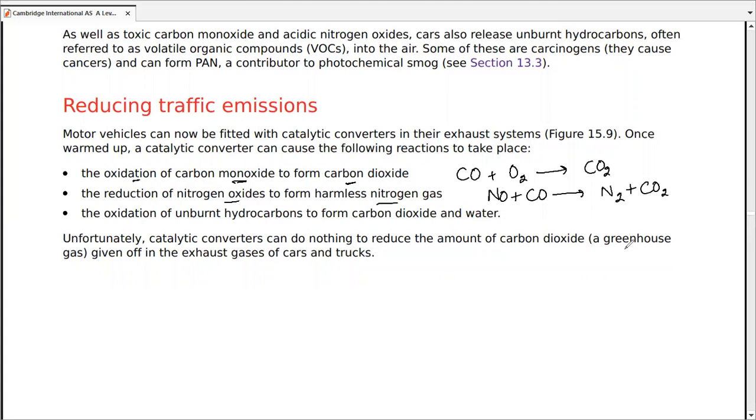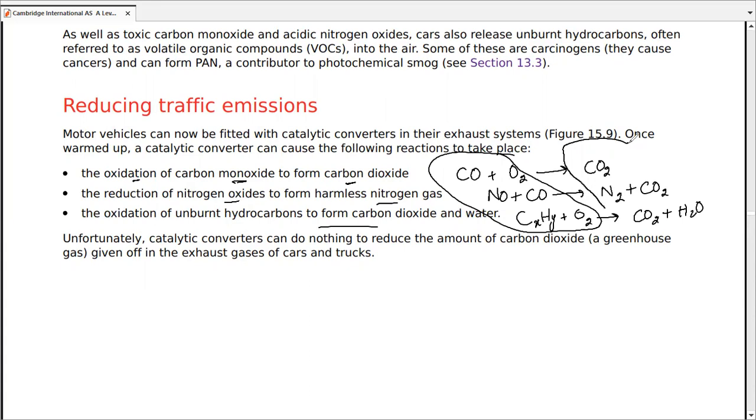Okay, so the oxidation of unburnt hydrocarbons to form carbon dioxide and water, which could be anything like this. Now, if you look at the left-hand side, the reactants in the equation, you'll find some problematic gases, either toxic or the reason for acid rain, photochemical smog or other environmental pollution problems.